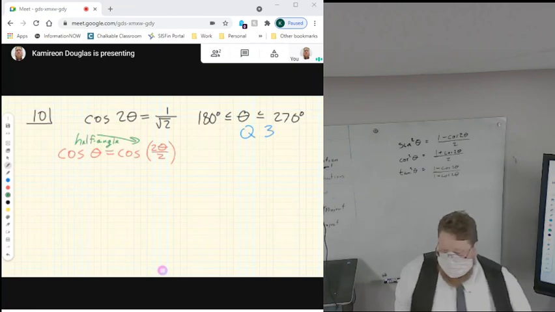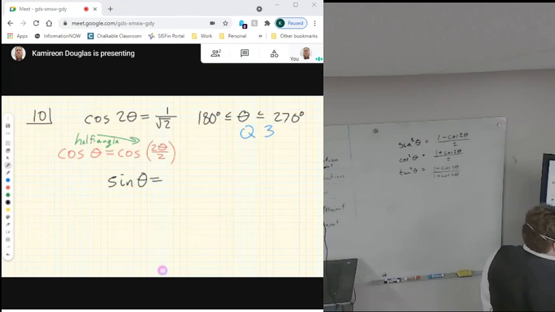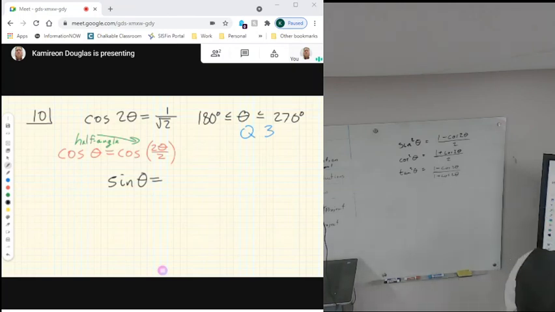The reason why that's so nice is because all the half angle formulas just use cosine. Here we go. Defined, for example, sine of theta. So I use the sine half angle formula. That is the square root of 1 minus cosine of 2 theta all over 2.